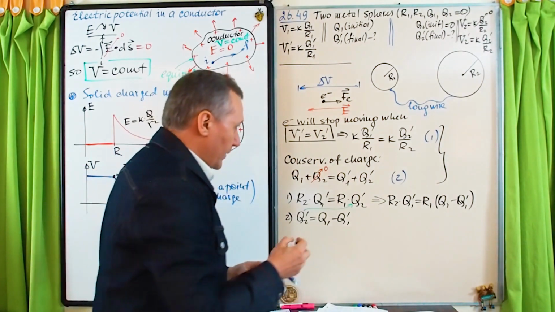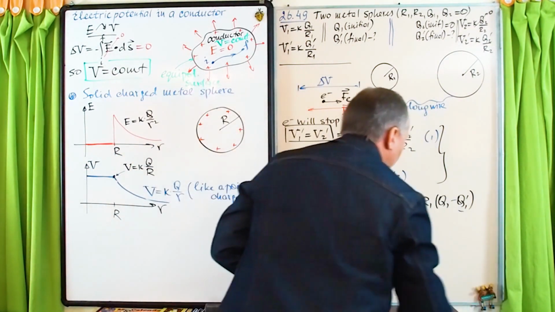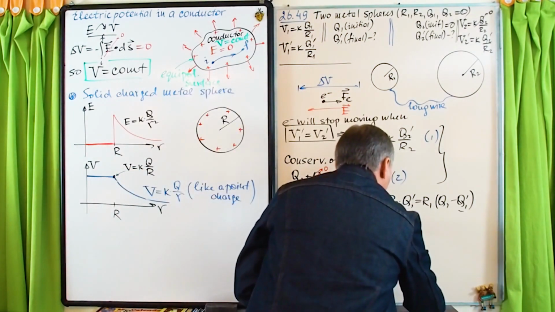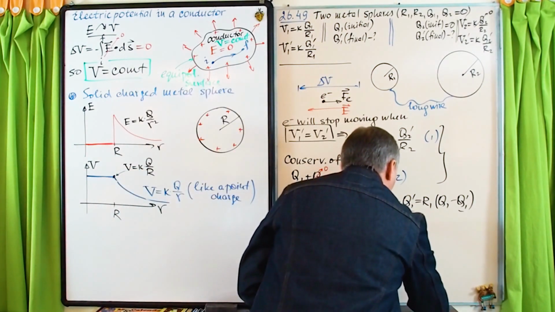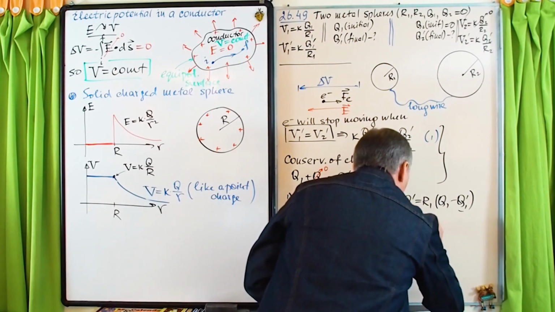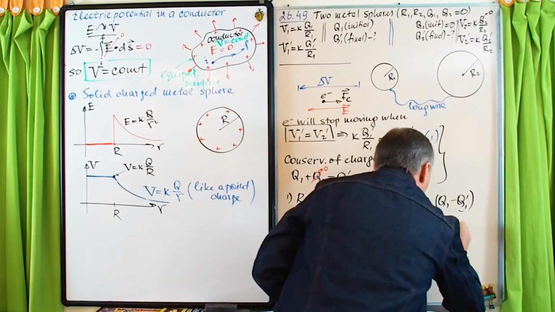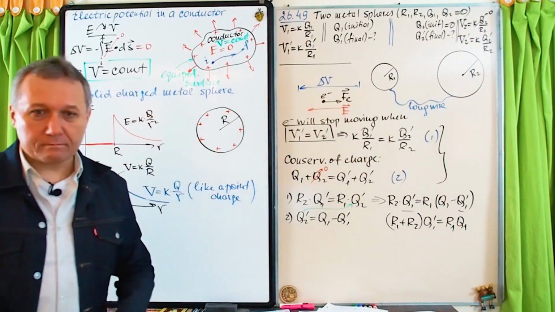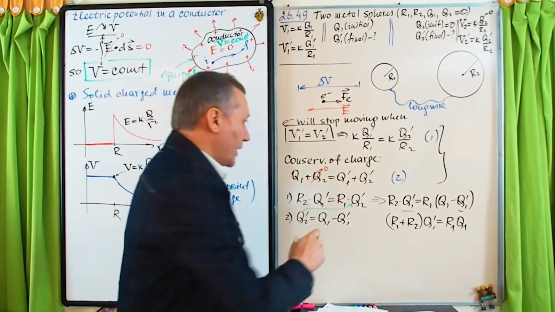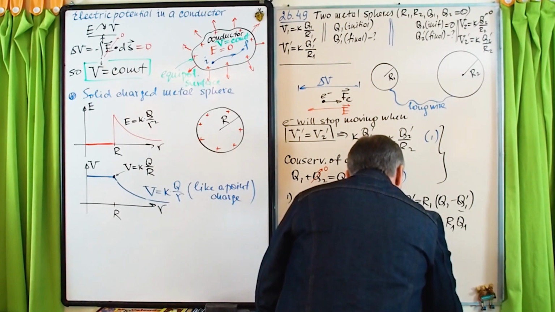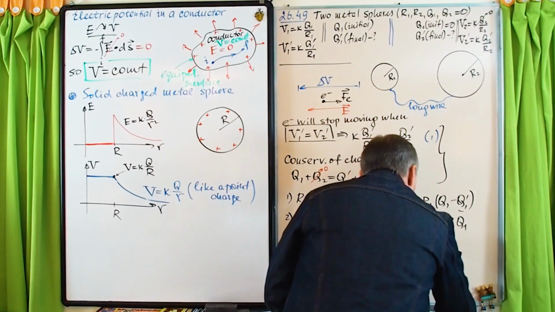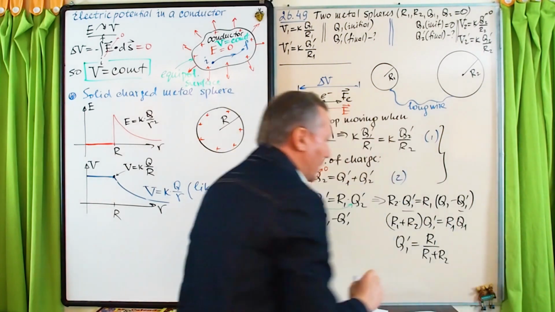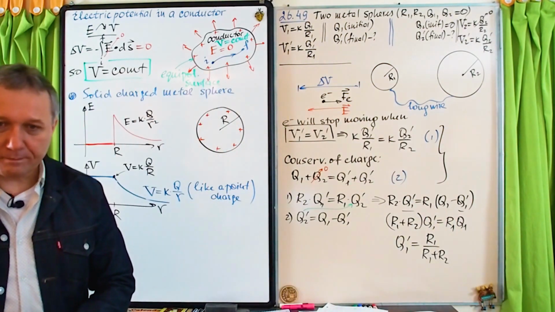So we just need to combine this and that term on this side. So it will be (R1 plus R2) Q1 prime equals R1 Q1. Then the final push: Q1 prime equals the ratio of R1 and R1 plus R2, times Q1.